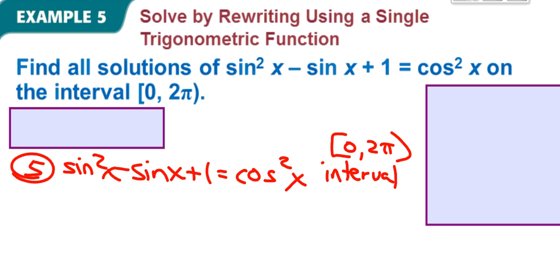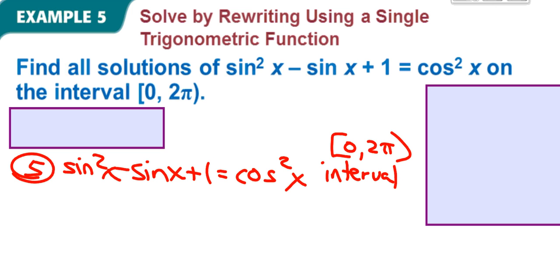Now, as you're less experienced with this, I'll just tell you something. If you have squared things, generally you want them to be all the same trig function, so that you can factor them. You don't want mixtures of trig functions as you're trying to solve something that is squared.